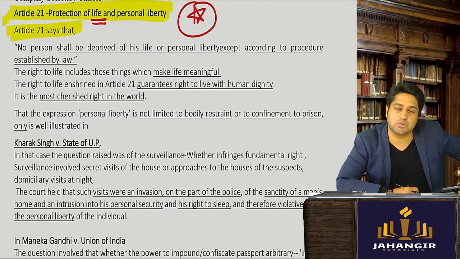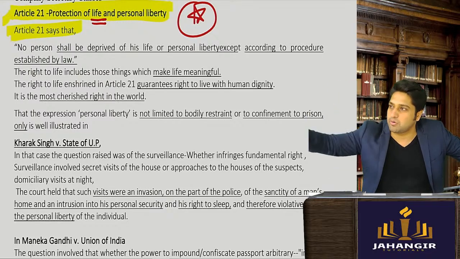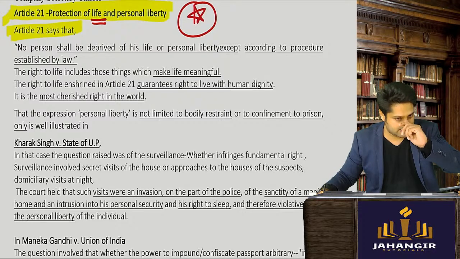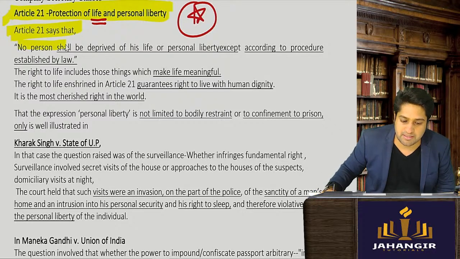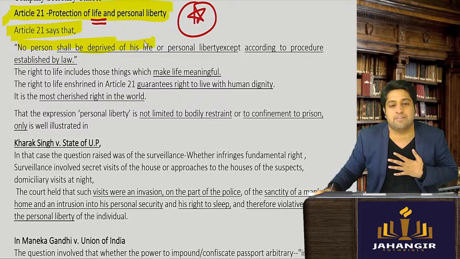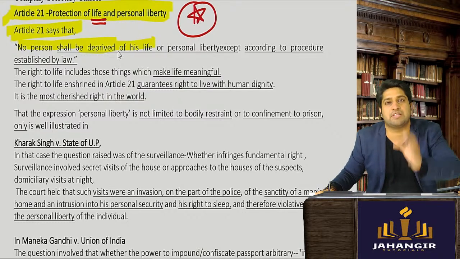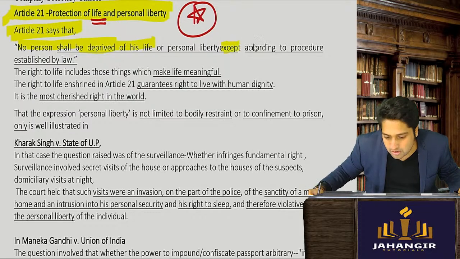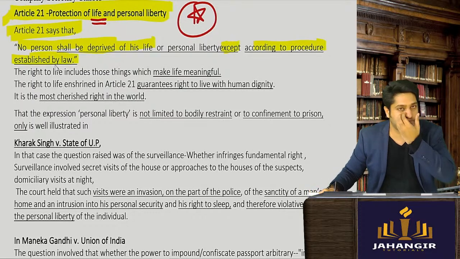But these are criminals who have been killed after a proper court process. So what happens is, they say that no person shall be deprived of his life, deprived meaning denied his life, killed, except according to the procedure established by law.